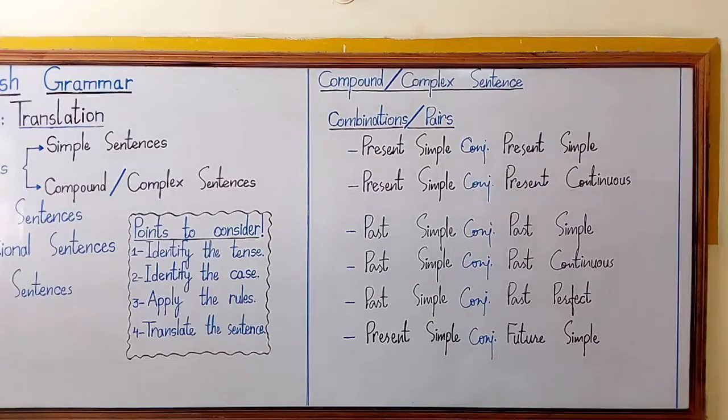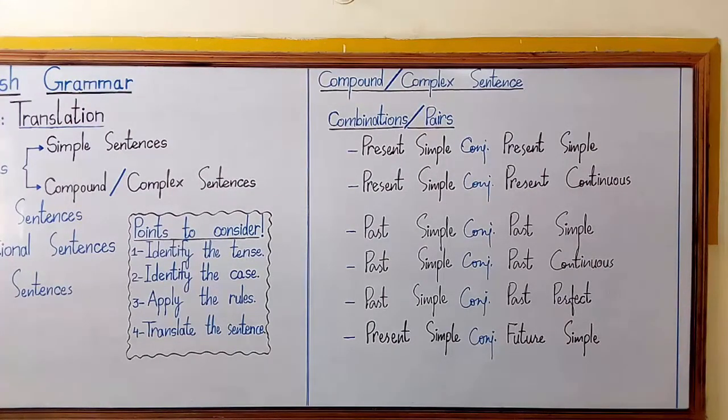There are 6 common pairs or combinations of compound or complex sentences in the English language. What do I mean by saying common pairs or common combinations? It means that people usually use these combinations more in their language in compound or complex sentences. Okay?